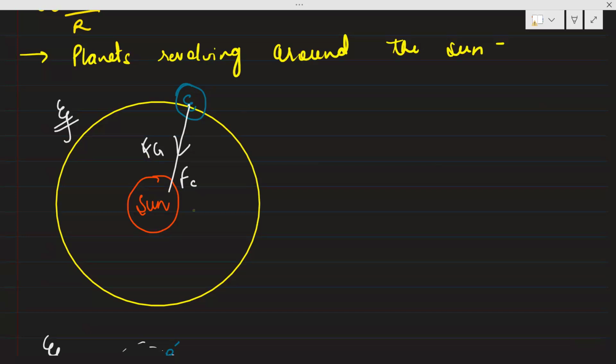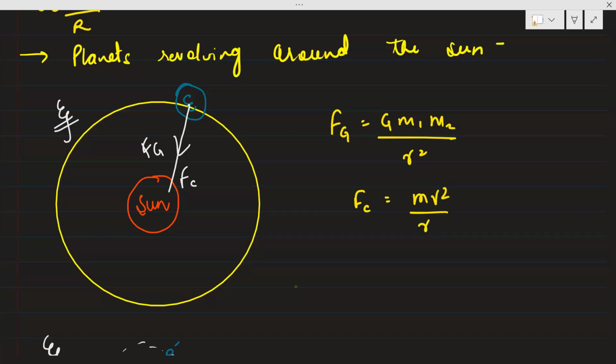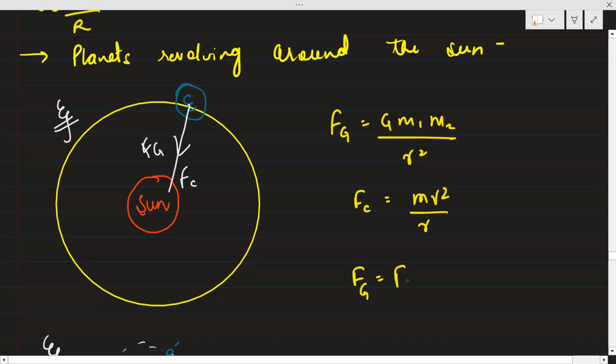So gravitational force is G m1 m2 by r square. This we'll study in the gravitation chapter. Now what happens? Sun exerts a force of gravitation along the radius and towards the center. So if this is the case, we will have the centripetal force as mv square by r. Means the gravitational force will provide the necessary centripetal force.